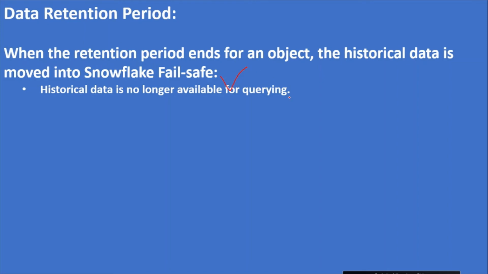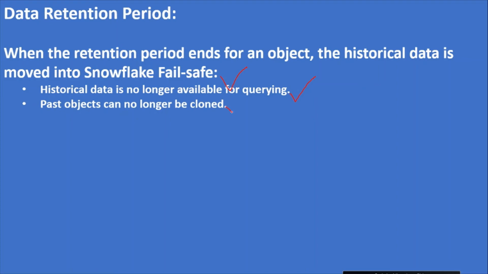So you cannot query the historical data at a particular time, like 2 days back, because your data retention period has ended and that object has been moved to the failsafe. And also such objects can no longer be cloned.